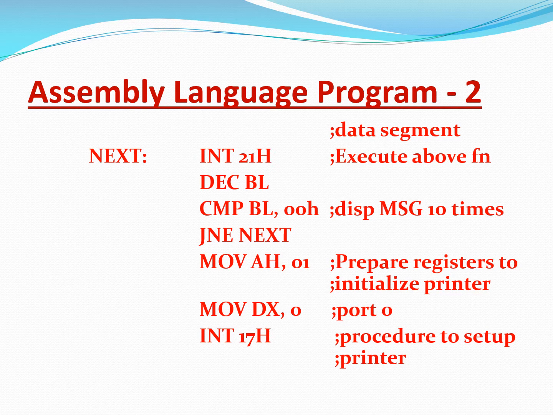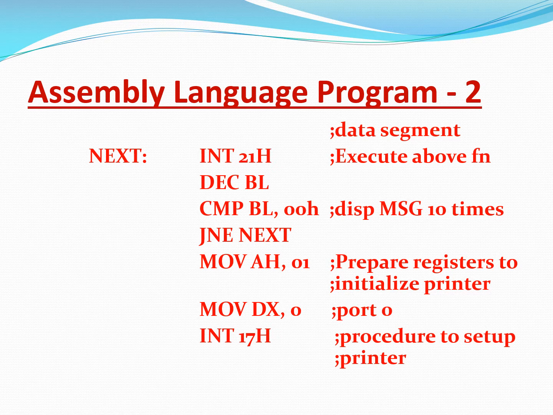Since we have to display the message 10 times, if the contents of BL are not 0, then JNE NEXT, so we move to the label NEXT and display the next line, and similarly the next line and the next line, till such time that CMP BL, 00H gives you the result 0. When it is 0, then obviously you move to the next instruction.